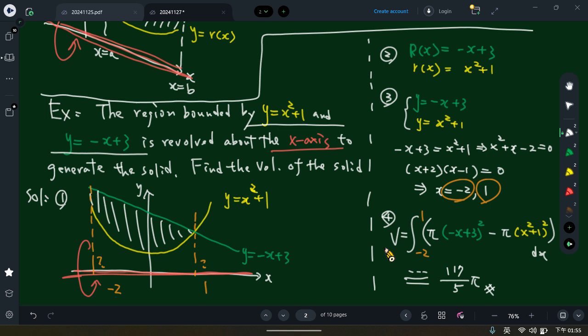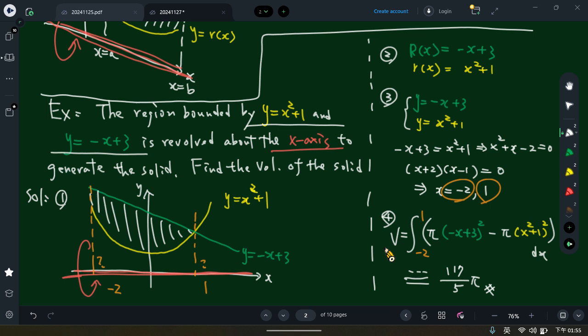Okay, so let me quickly remind you of this idea: right now we already learned two methods. One is the disk method, the second one is the washer method. These two methods are basically the same, because for the washer method, you simply apply the disk method twice.